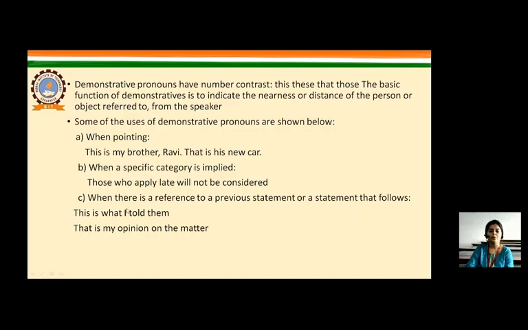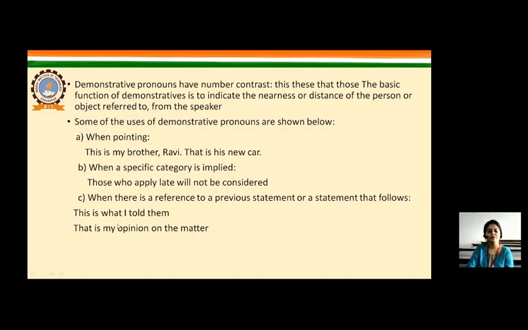Next you have when there is a reference to a previous statement or a statement that follows, like this is what I told them. That is my opinion on the matter. So here you are referring to some particular thing that you told. Maybe you told them a solution, maybe you told them some secret, anything.